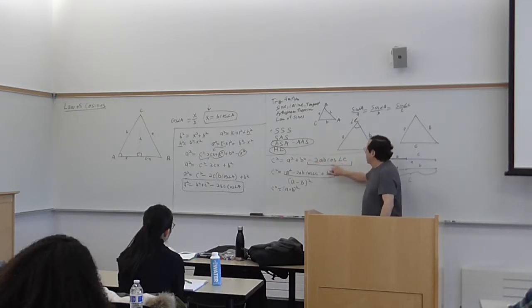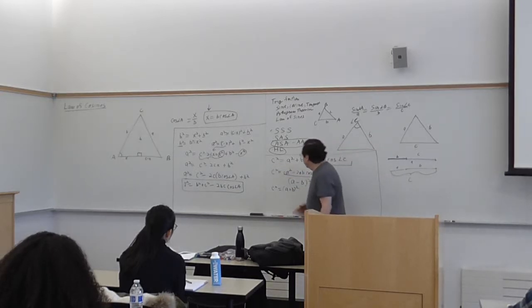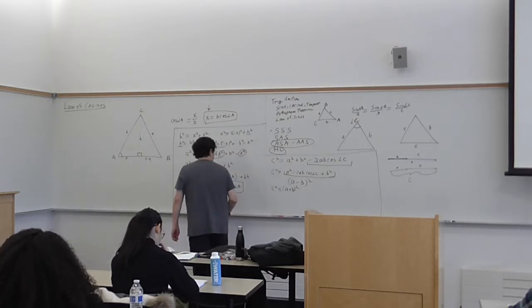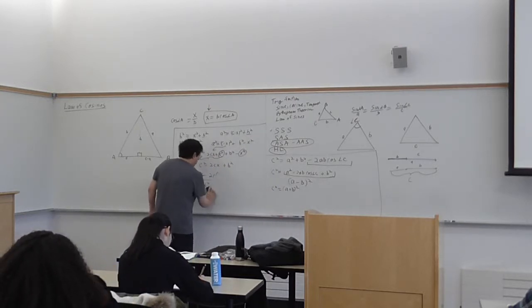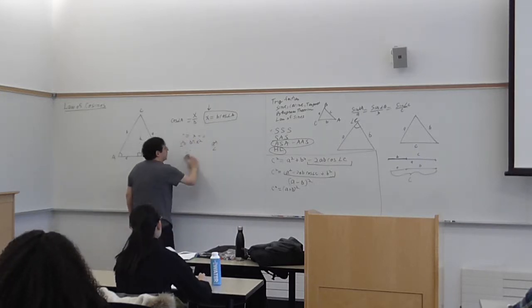Then you just have to remember what the extra is, right? It's going to be minus 2 times, in each of these, ab, times the cosine of this angle. All right, this is going to be really useful. Let's take a look at a problem or two.